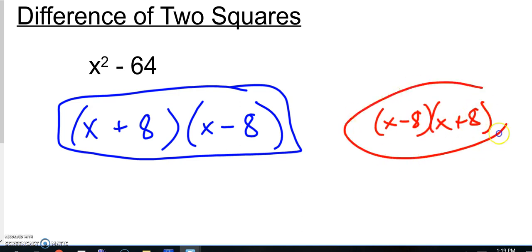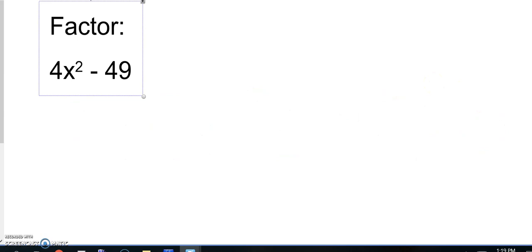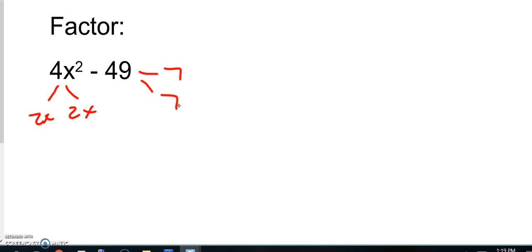Okay, so now let's look at one where we just dive right into it. This one's a little bit more complex, but again, let's double check what we've got here. Do we have the difference of two squares? 4x squared is a perfect square because I could break that into 2x and 2x. 49 is a perfect square because I can break that into 7 and 7.